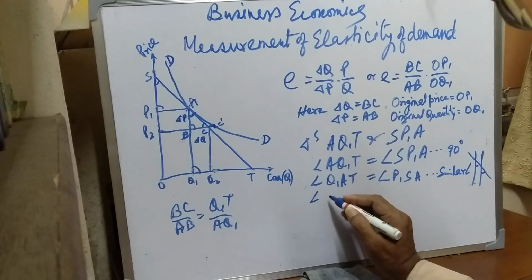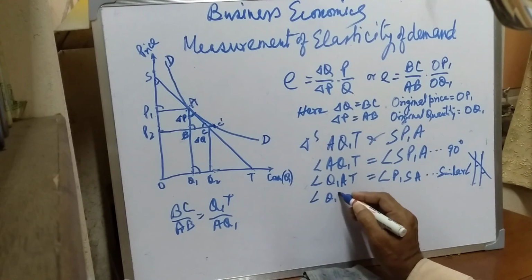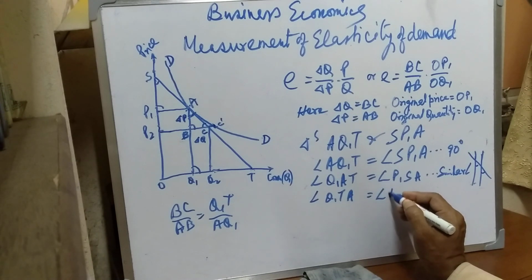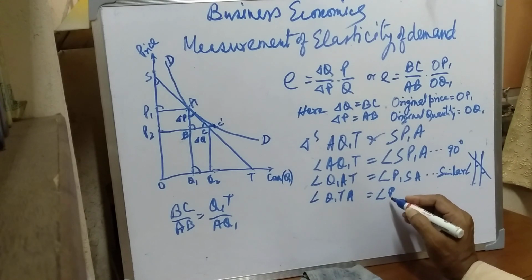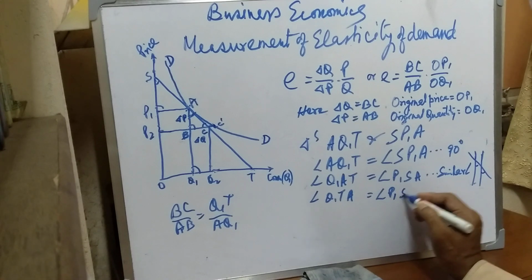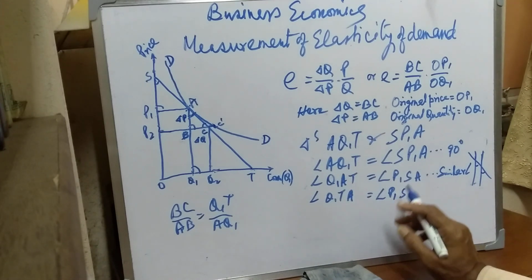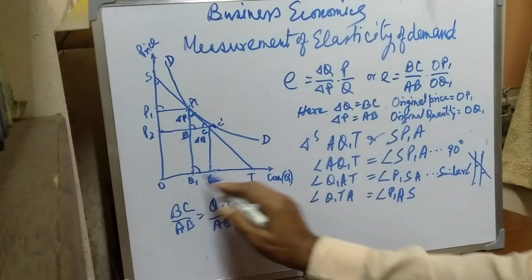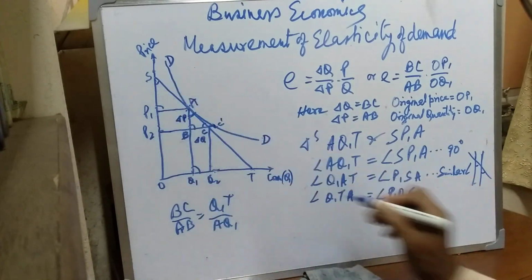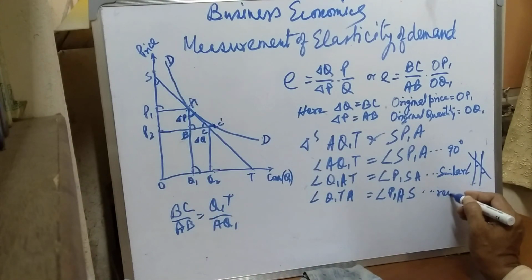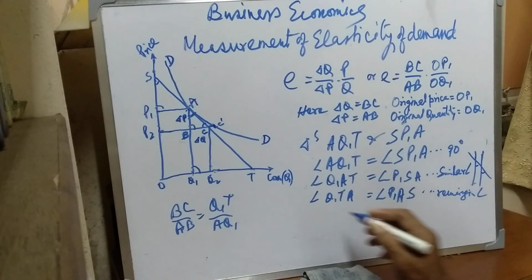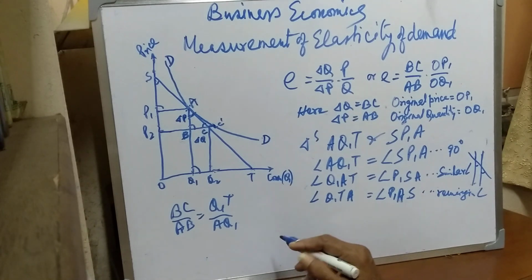In that case, angle Q1TA equals angle P1AS, the remaining angle. So the triangles are equiangular and sides are proportional.